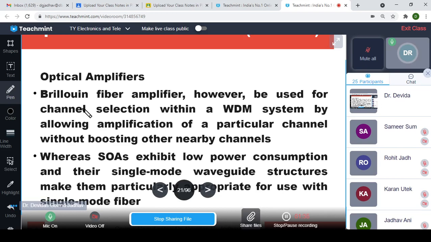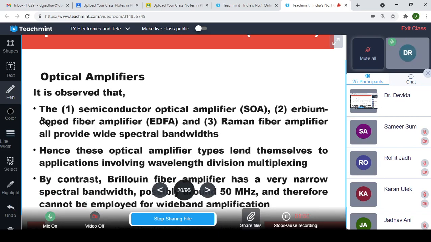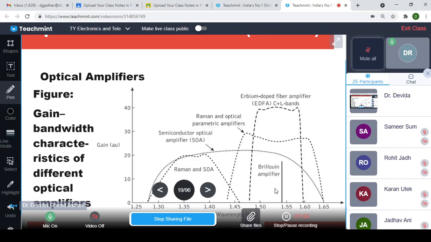So out of these amplifiers, the semiconductor optical amplifier, erbium doped fiber amplifier EDFA, and Raman fiber amplifier all provide wide spectral bandwidth, isn't it? From this graph, all provide the wide spectral bandwidth.